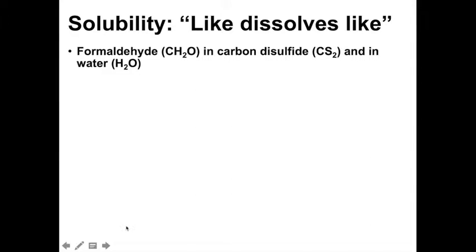So last one, we have formaldehyde in carbon disulfide and in water. So formaldehyde has this structure. Okay.